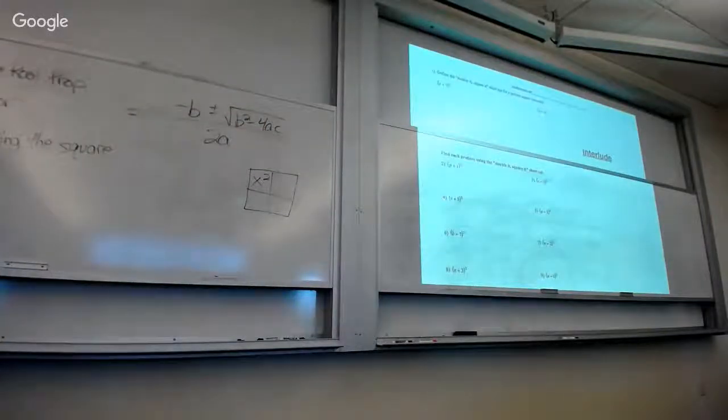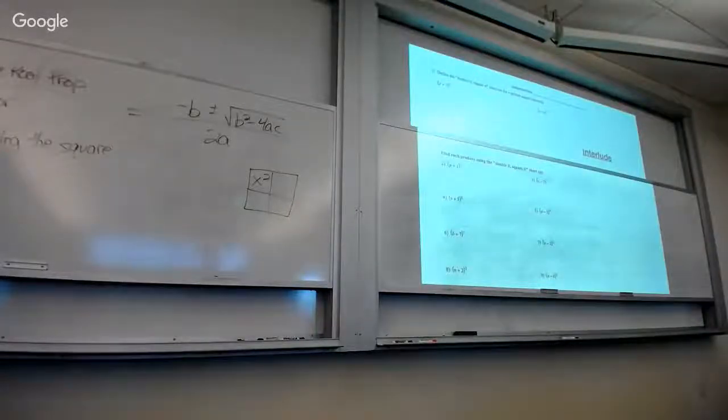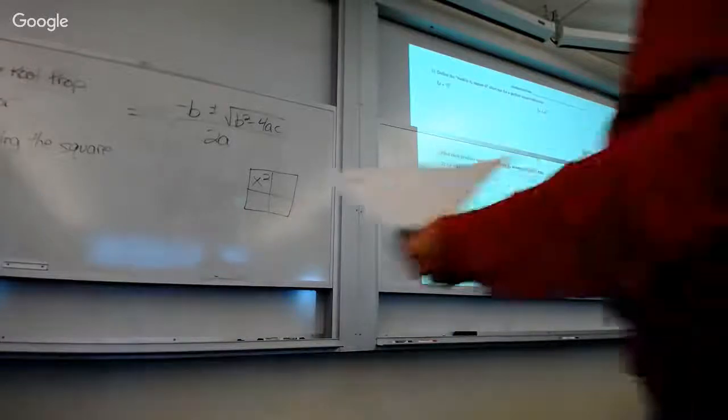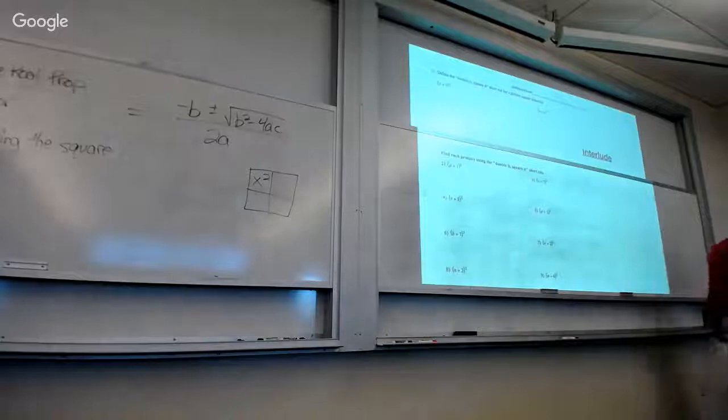Yeah, please, folks, let me know. Anybody else? There's actually two sheets. The other one also says solve each equation by completing the square. We're going to do these right now. Did you find it? Okay, great.